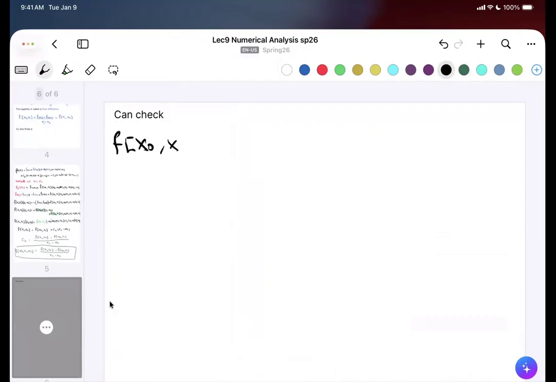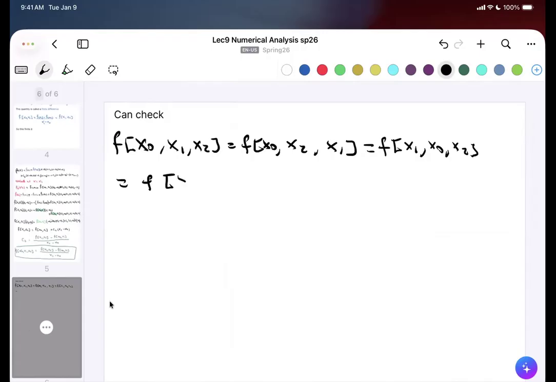So f of x0, x1, x2 is the same as f of x0, x2, x1, which is the same as f of x1, x0, x2, which is the same as f of x1, x2, x0, which is the same as f of x2, x0, x1, which is the same as f of x2, x1, x0.